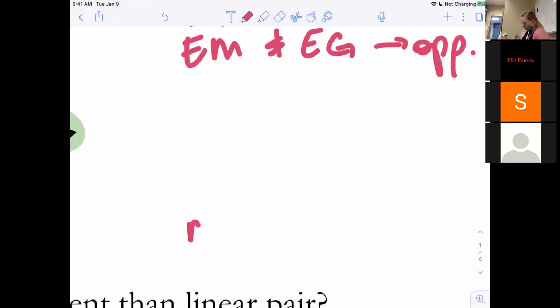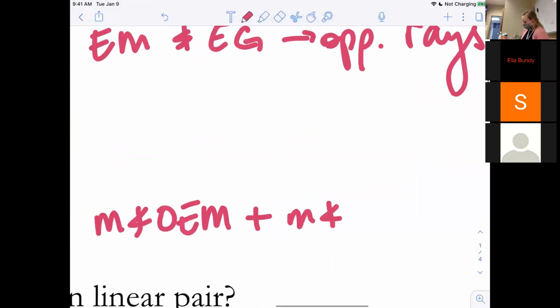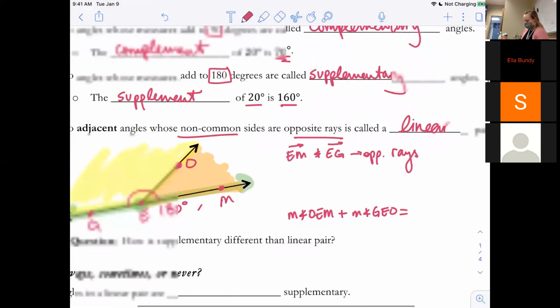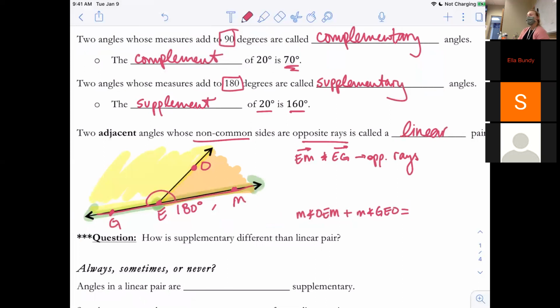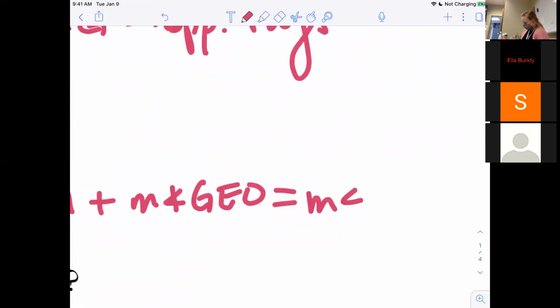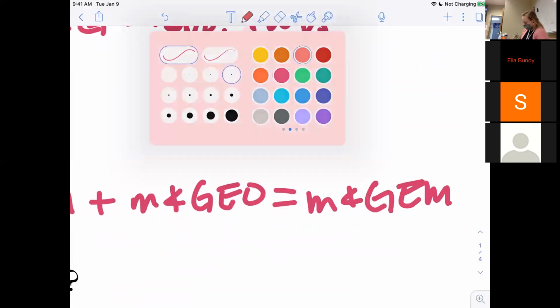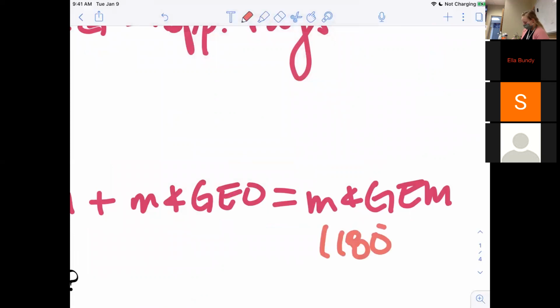I've got measure of angle OEM plus measure of angle GEO, and they add up to the whole angle GEM, or 180. Measure of angle GEM, and next to that I'm going to write 180.